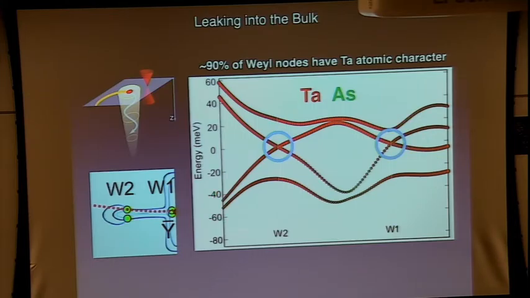If you look at the atomic character of the states as a function of energy close to the Weyl points, you find that 90% of the Weyl nodes have a tantalum atomic character. Okay, so what do I mean by that? I mean that if I'm an electron and if I end up going into the tantalum states, then I have a high probability of being connected to the Weyl points in the bulk of the sample.